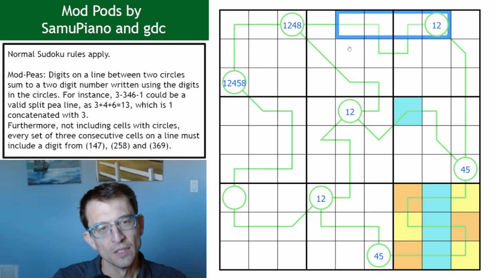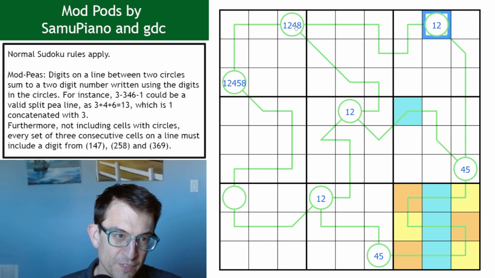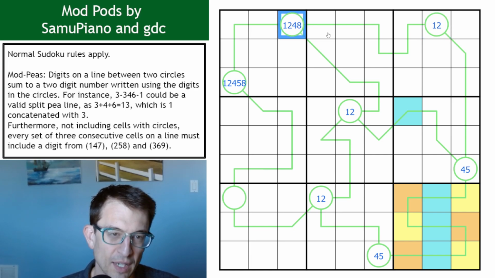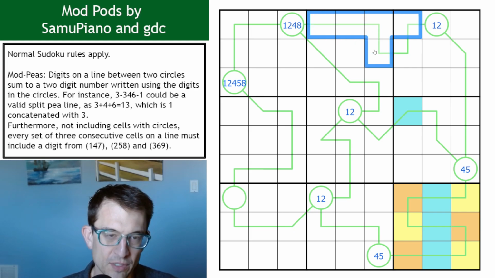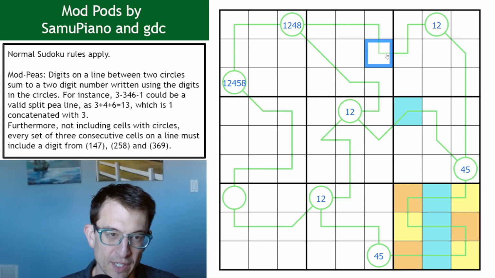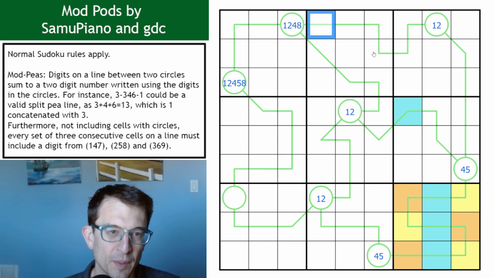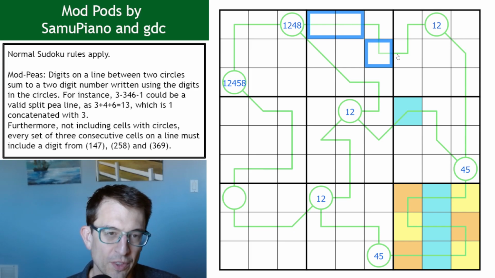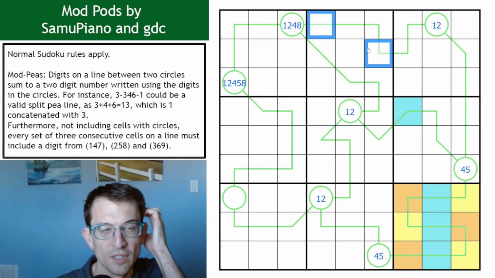No, hold on. If this is 18, I think we need a 1. Because if this is 2, 3, 4, 5, 6, that's already 20, which is too big for 18. So if this is 18, we need a 1 here, which means a 4 here. 3, and we can't have... Hold on.